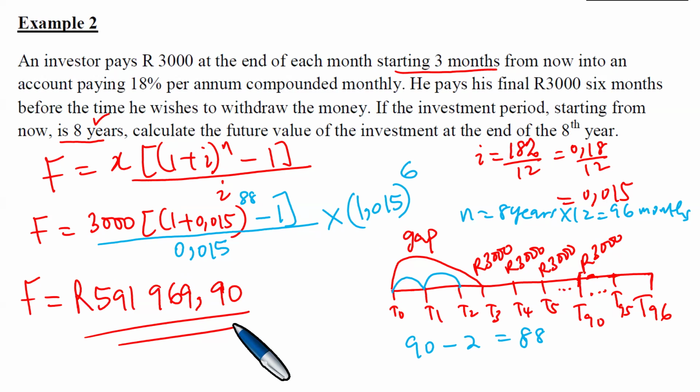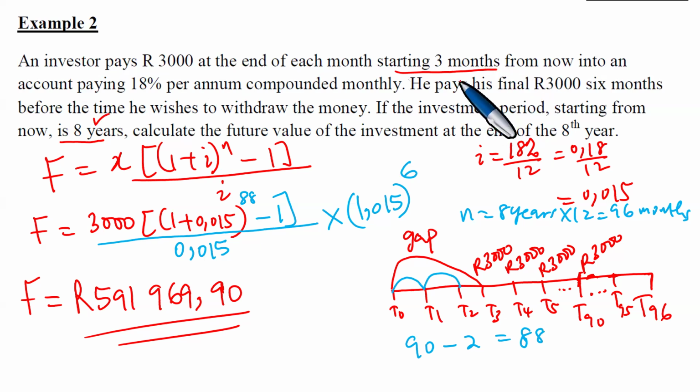We are dealing with the fact that an investor pays 3,000 at the end of each month, starting 3 months from now, into an account paying 18% per annum compounded monthly.